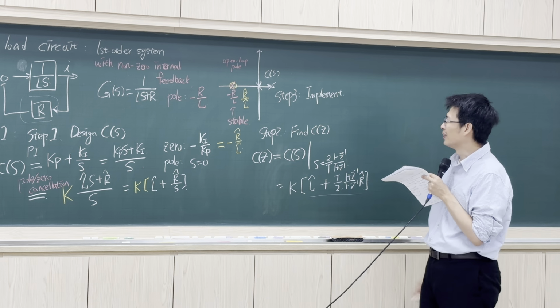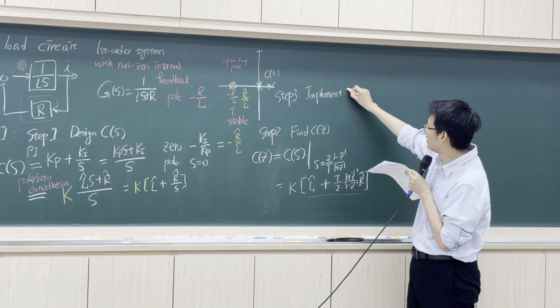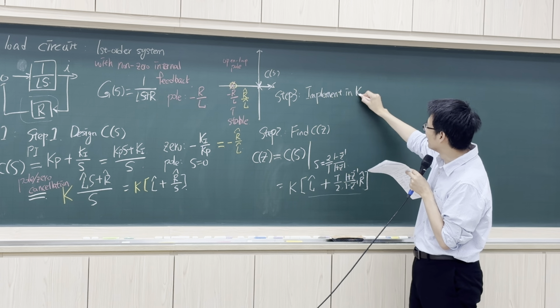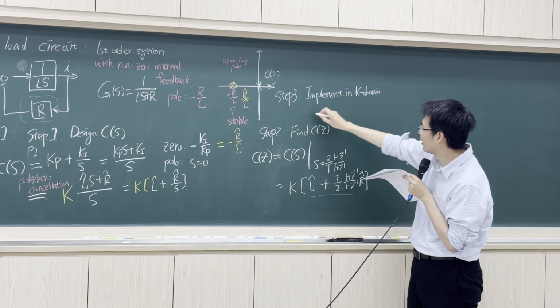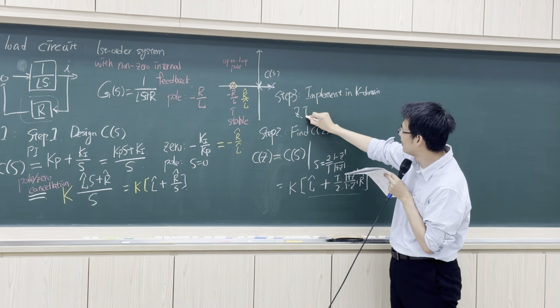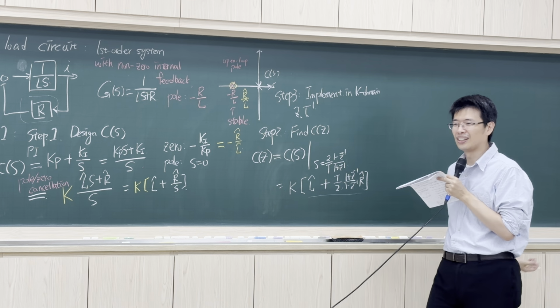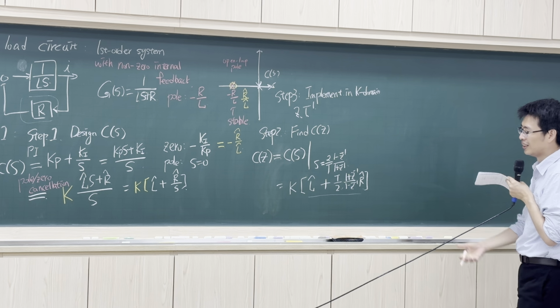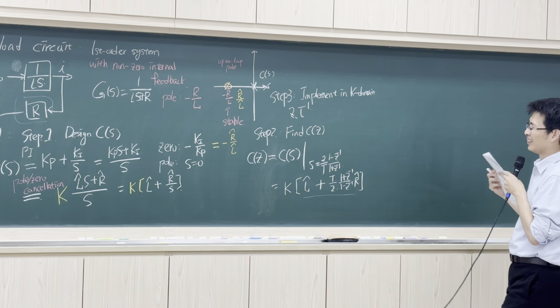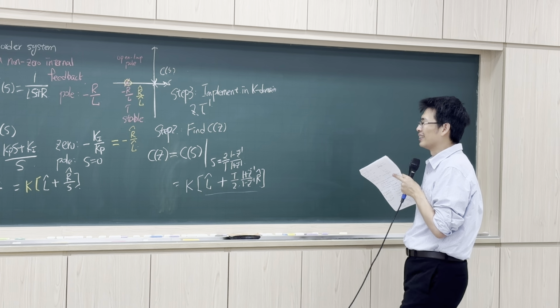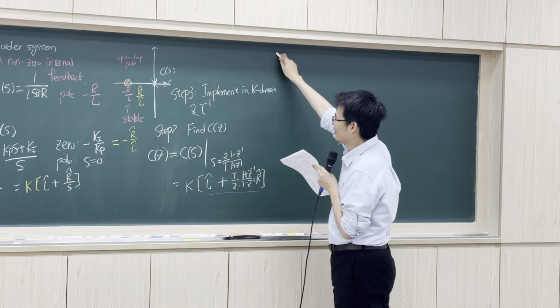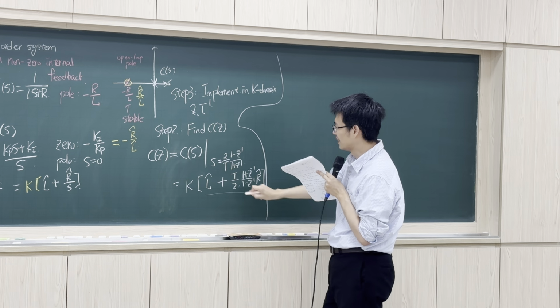But for actual implementation, you have to find a difference equation in the k domain, so you have to do the inverse Z transformation. I'm not going to show you this; it is not my objective today.